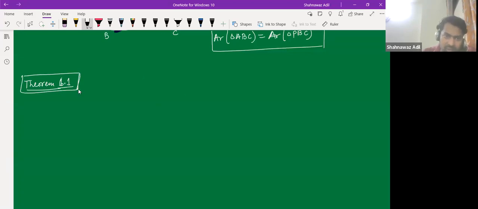What does this theorem 6.1 say? This is also called the basic proportionality theorem, or it is also called Thales theorem.